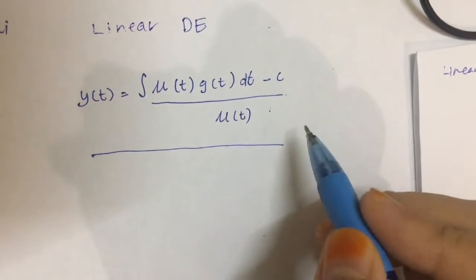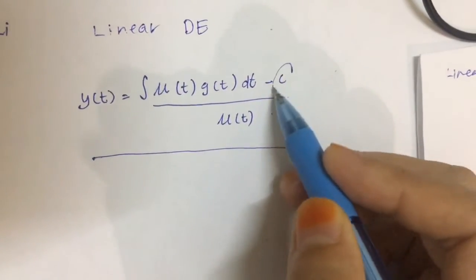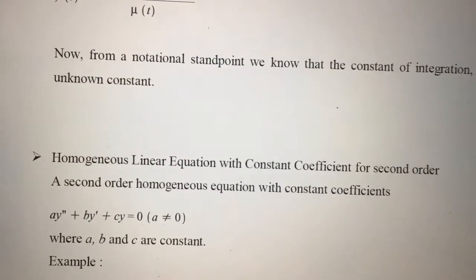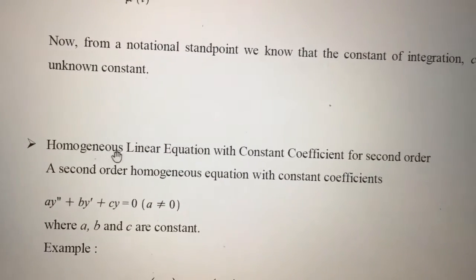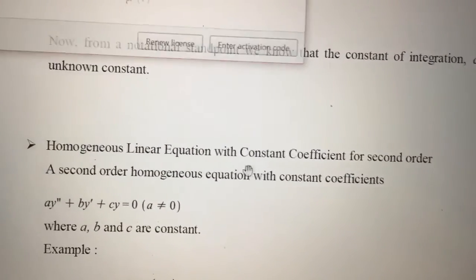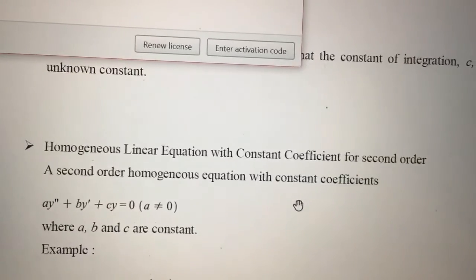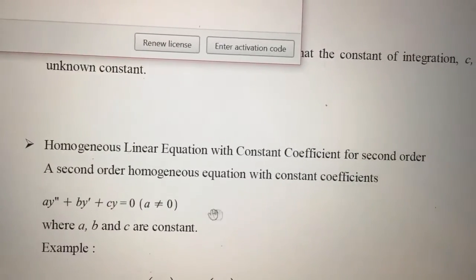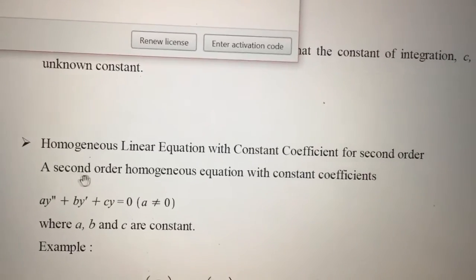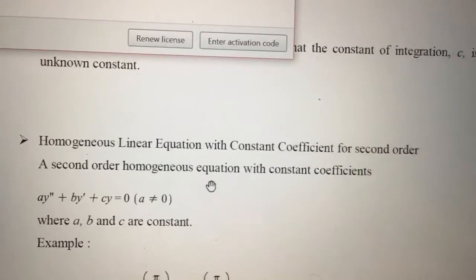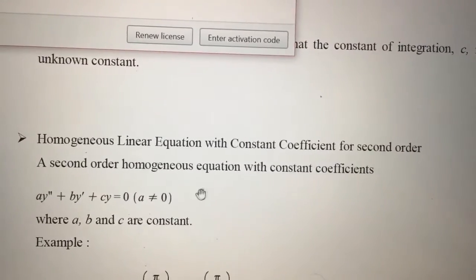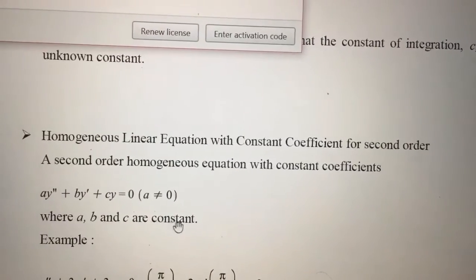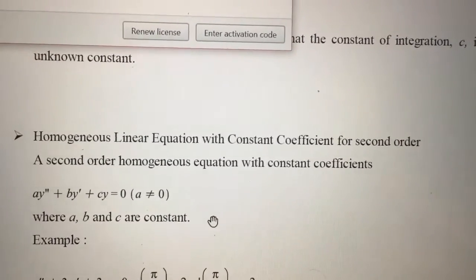We know that the constant of integration c is an unknown constant. Next is the homogeneous linear equation with constant coefficients for second order. This is our equation for a second order homogeneous equation with constant coefficients, where a, b and c are constants.